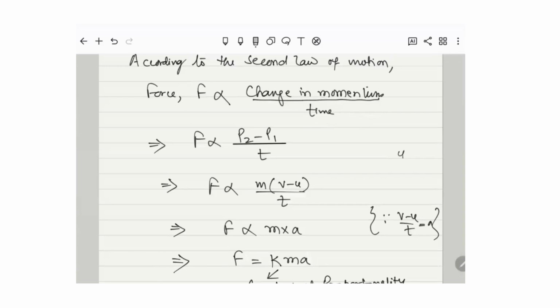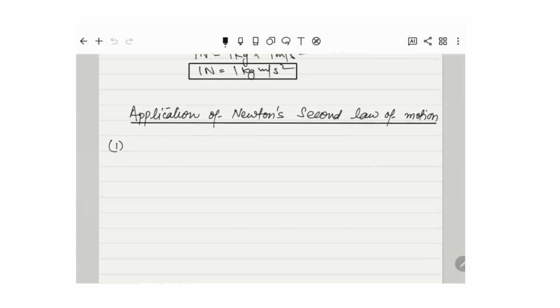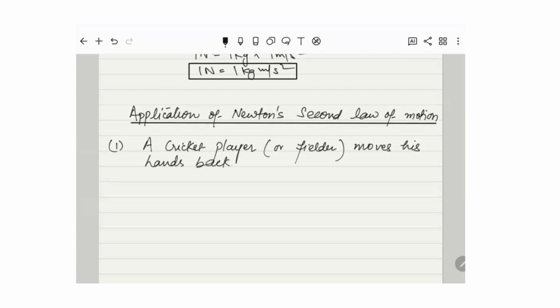So this is based on the application of the second law of motion. So write down, a cricket player or fielder moves his hands backward while catching a fast cricket ball.